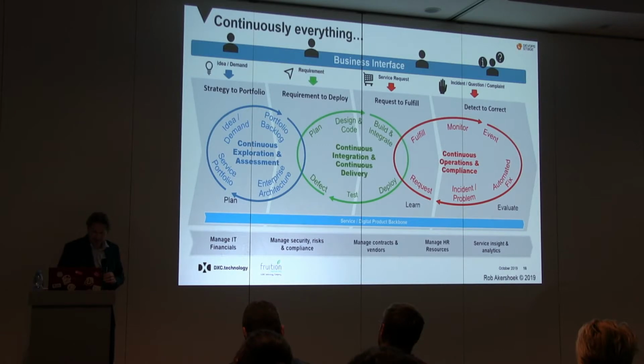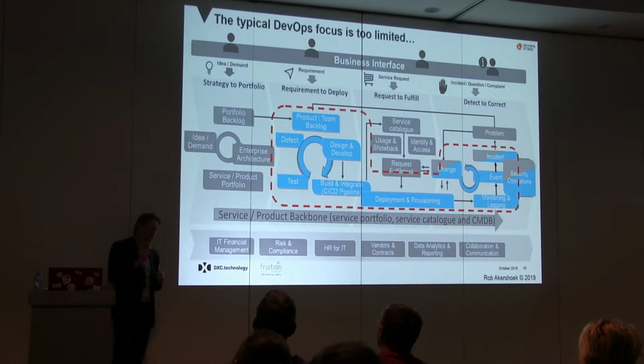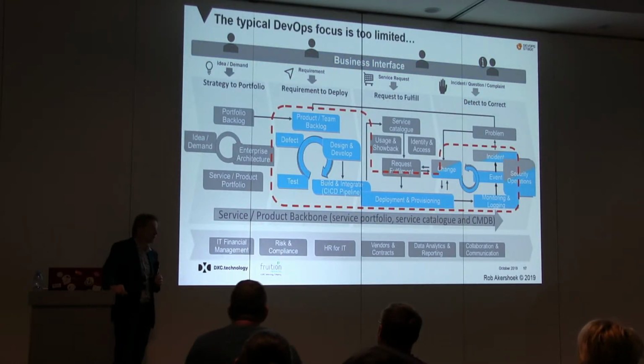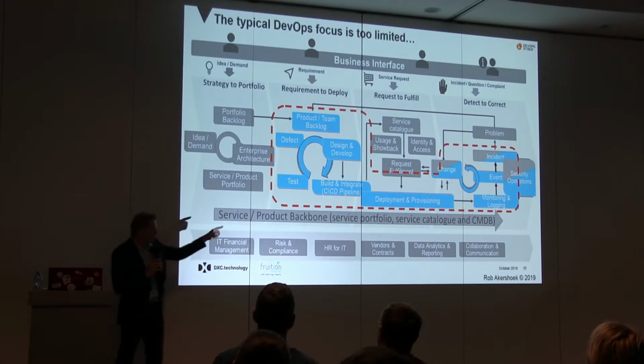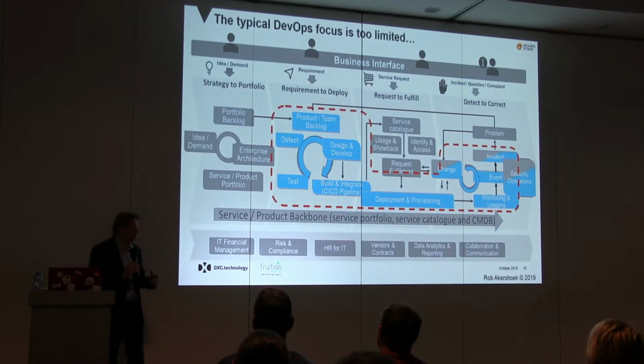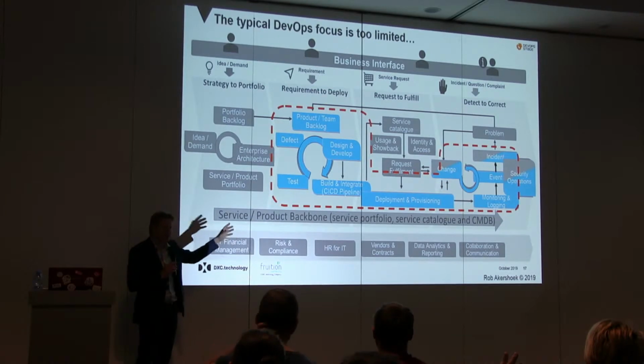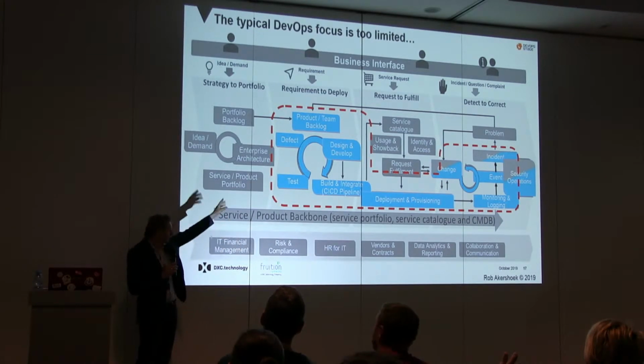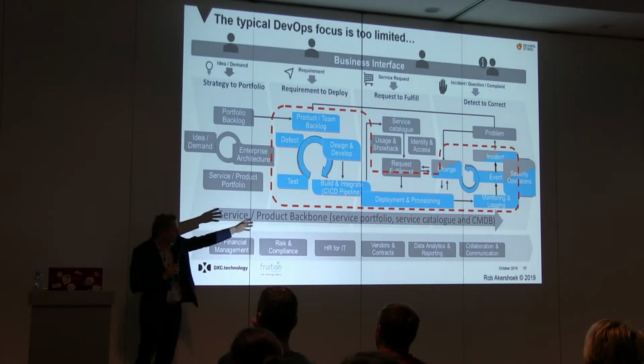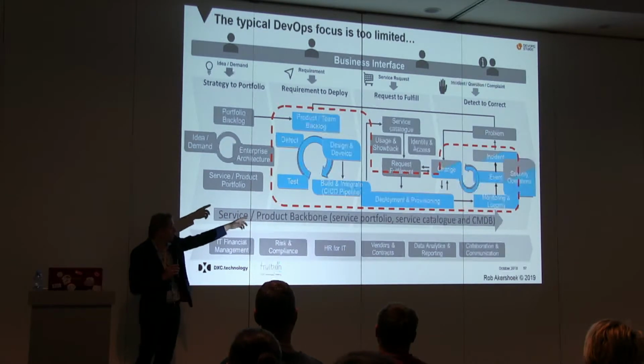And then if you look at how DevOps is typically positioned, it is this. DevOps is typically in most organizations, but also if you look at the State of DevOps reports, they typically only touch upon the central part, which is important, but it's not the full picture. This shows you the traditional DevOps. It's about designing, developing, testing, deploying, monitoring, yes, security, yes.